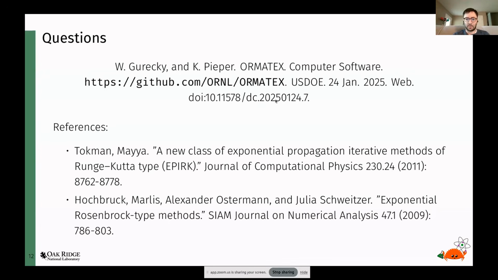Jacobian vector products are a key component of implementing exponential integrators, so we're hoping that we can collaborate there. So that's the end of my talk.